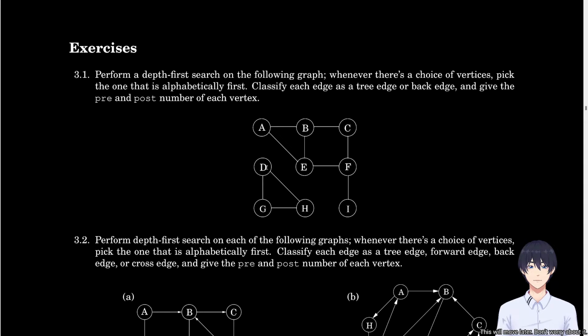Then you look at D. How do you know, though? Maybe you look at A, you're done with A, you look at B, you see it's visited, C, you see it's visited, and then you look at D. And then you do this thing. G, H, back edge to D, go back to D.